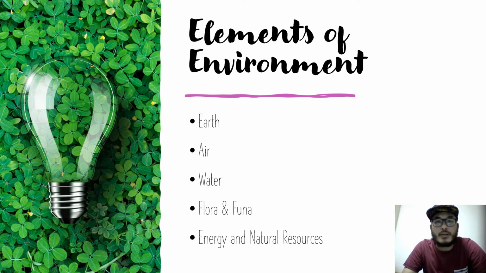Elements of environment. There are a few types of elements. They are earth, air, water, flora and fauna. Flora means vegetation, trees and all kinds that are similar to them.